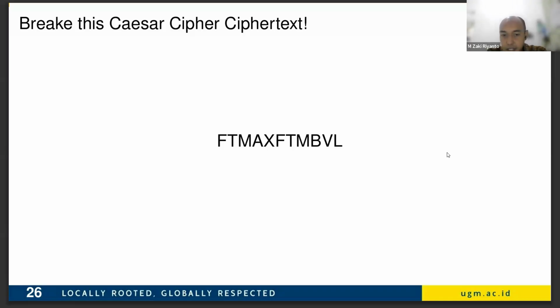You can shift it with 1, 2, 3, 4 because this key space is very small. There are only 26 keys, and you can try all the possible keys and find the meaningful one. Okay, this is very simple.